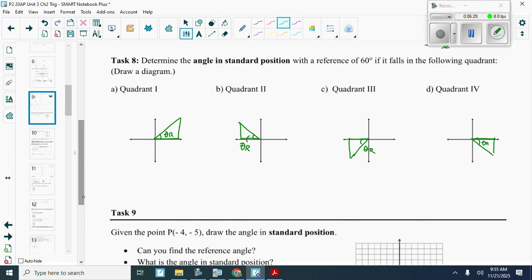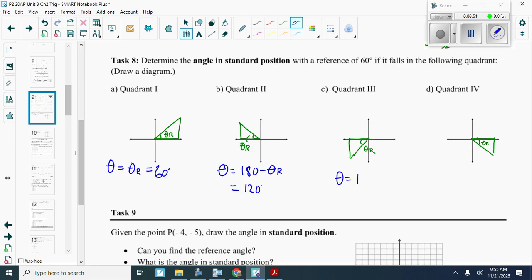Okay. So you should be getting standard angle is equal to your reference angle, so 60 degrees. Standard angle is equal to 180 minus your reference angle, so we're at 120.